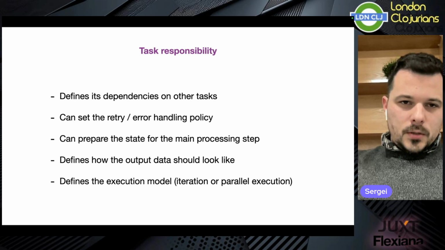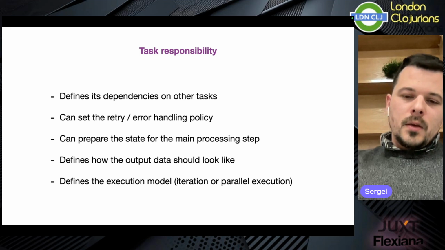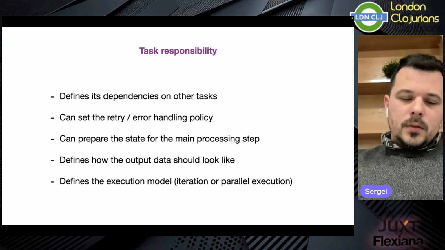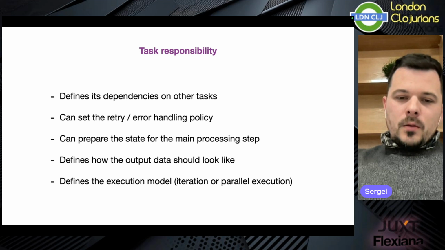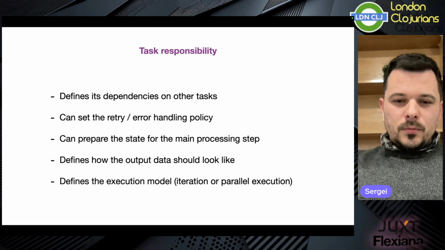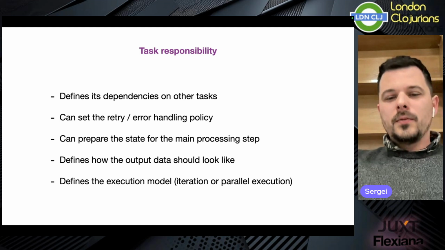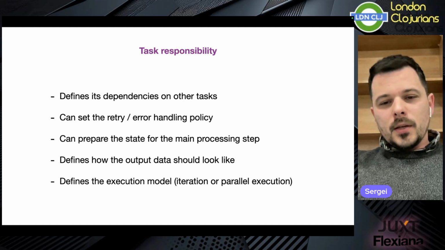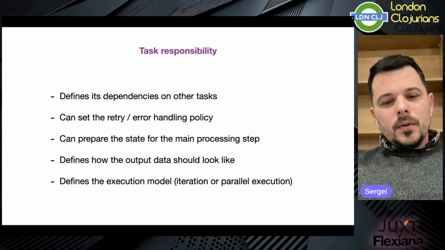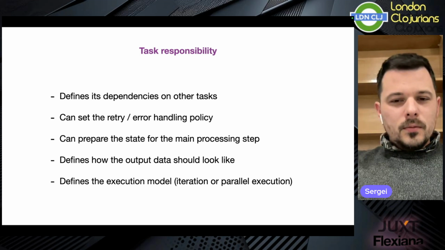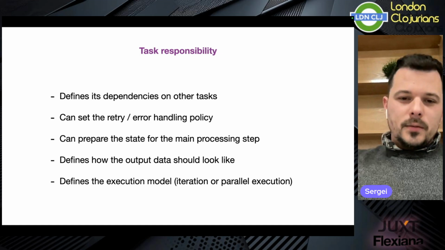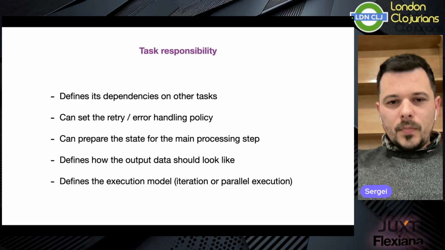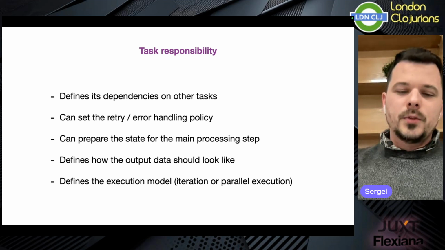And as we saw in the demo, you can define the parallel keyword that will run your task in parallel. Right now, you can pick one of these two, either iteration or parallel. You cannot mix them, but maybe in the future we will add a third mode where you can run tasks in parallel, but inside every parallel task you will have the iteration if you need. But for now we just need to pick one.